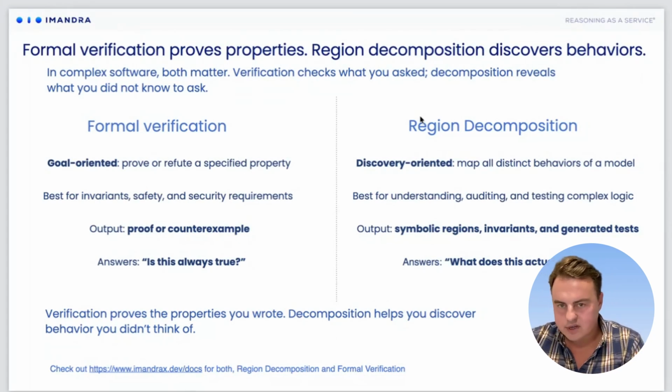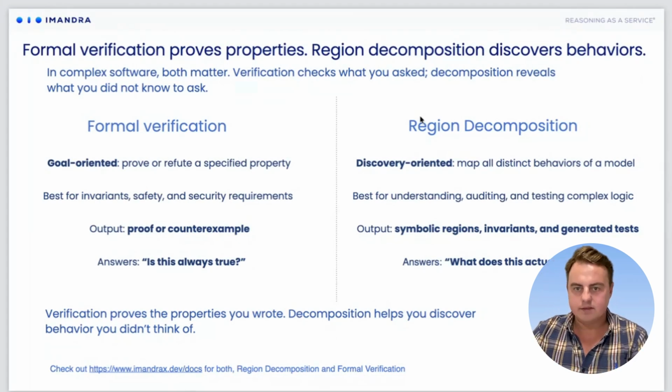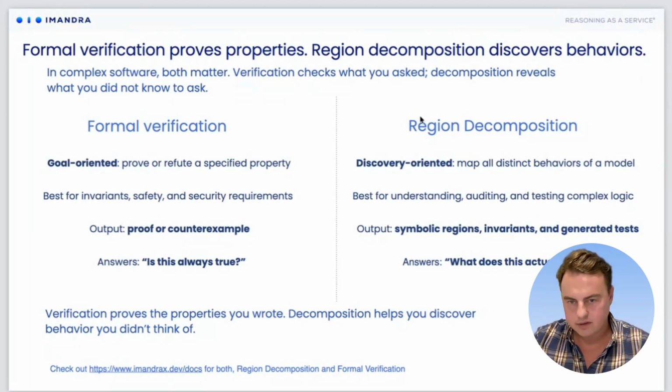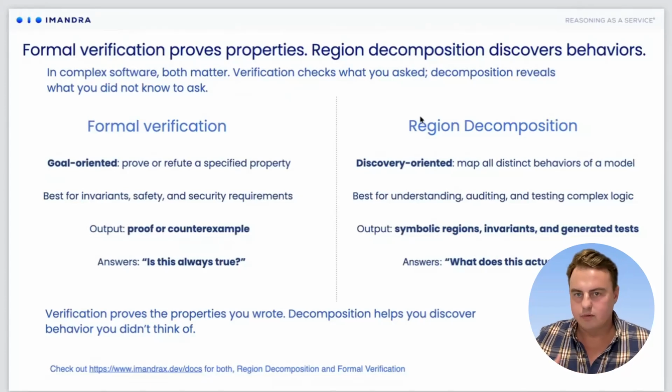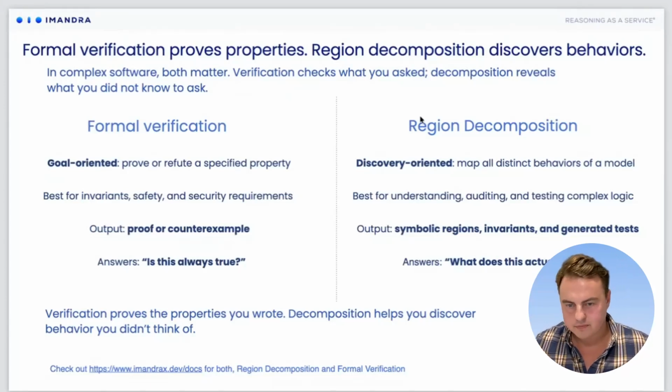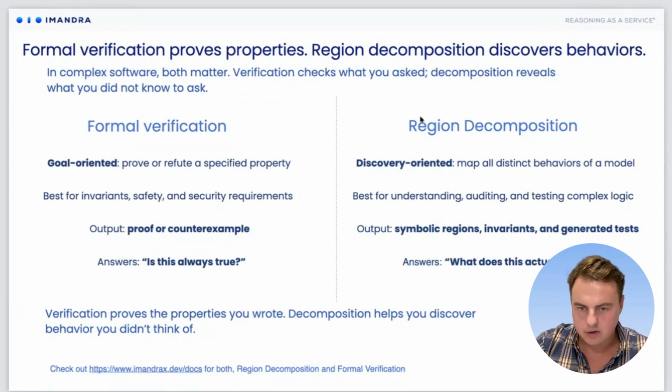Region decomposition is completely complementary and it is discovery oriented. You give it a model, an IML, and it'll describe to you what the different behaviors are. So there's no fundamental property that I wish to verify. We're just asking, what does this actually do? What are the edge cases of this? And again, as I mentioned before, you can slice and dice the state space to get to a certain level of abstraction or a particular subspace that you're interested in.